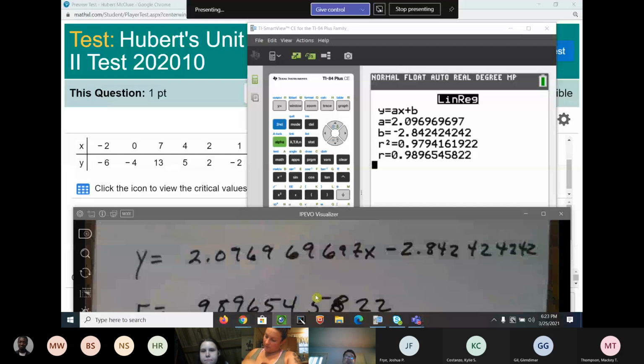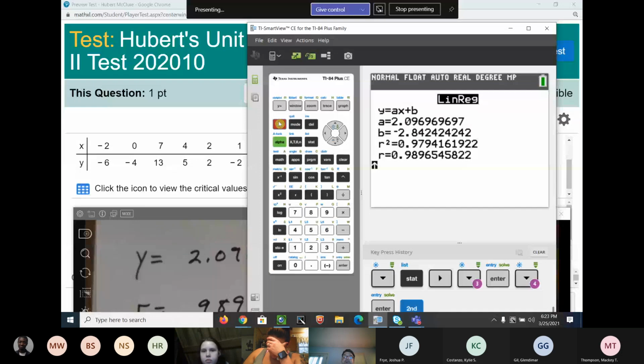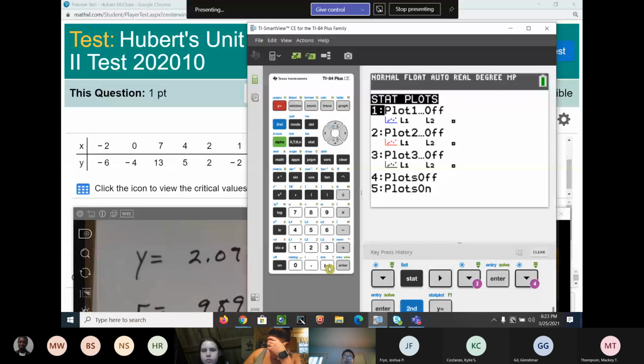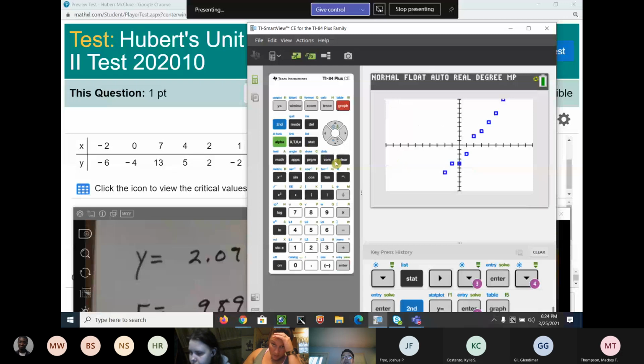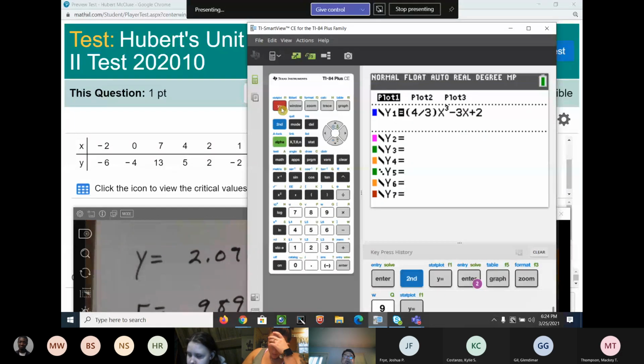So now I'm going to plot because it's going to ask us to plot. So let's go to plot. Second, y equals. Make sure your plot is on and hit graph. If you don't see it, make sure you hit zoom 9. And let me get rid of my curve there. That's not supposed to be there. And there we go.